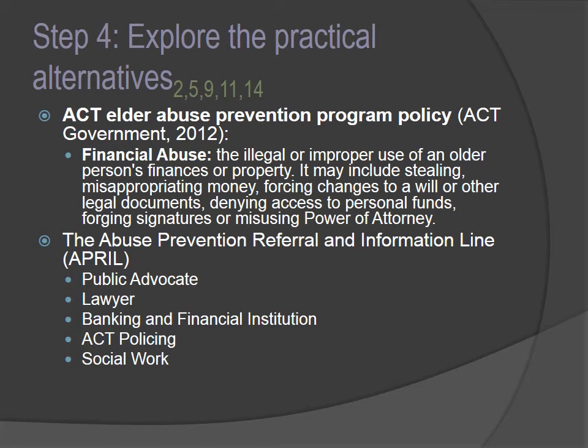The Australian Bankers Association has developed an industry guideline protecting vulnerable customers from potential financial abuse. ACT policing. Depending on the evidence of financial abuse available, a charge of theft or fraud may be applicable. Social work. Social workers are most likely to be responsible for implementing preventative services.